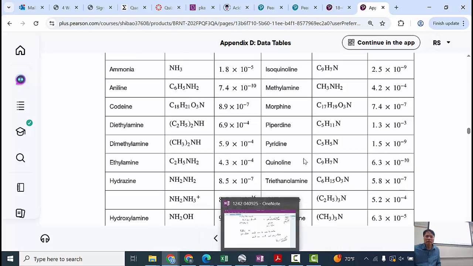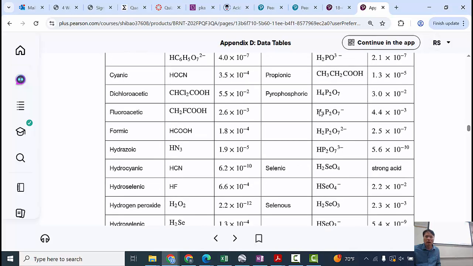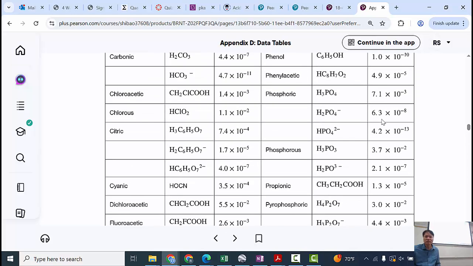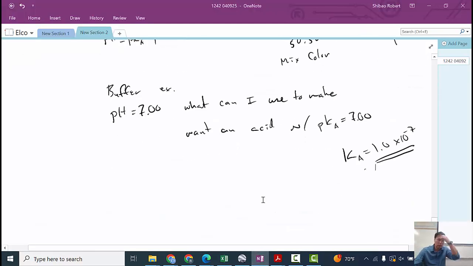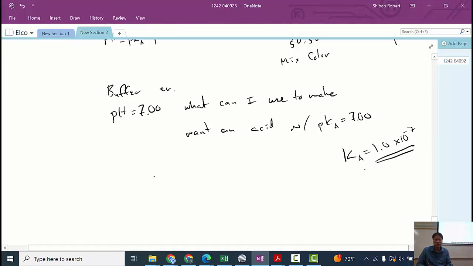All right, so it looks like the best choice we have is dihydrogen phosphate, 6.3 times 10 to the minus 8. And so we're going to go here and take a look. So first is acid-base selection. We just went through that, and so we're going to pick the dihydrogen phosphate, which has a Ka of 6.3 times 10 to the minus 8.